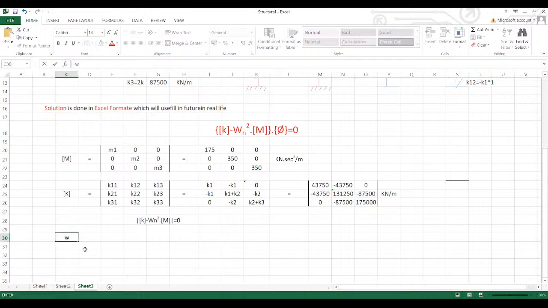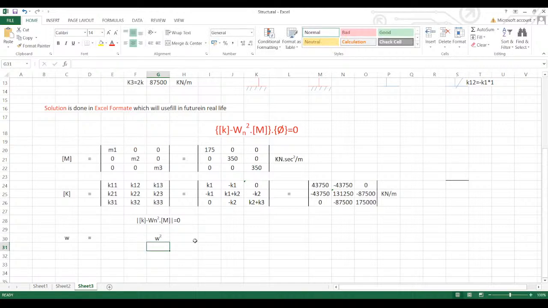We have to find omega square, omega square is equal to this into this, that is omega square.